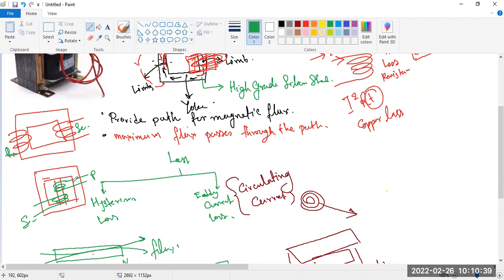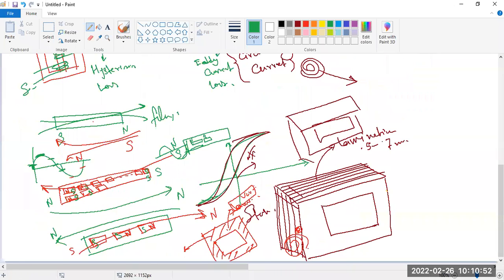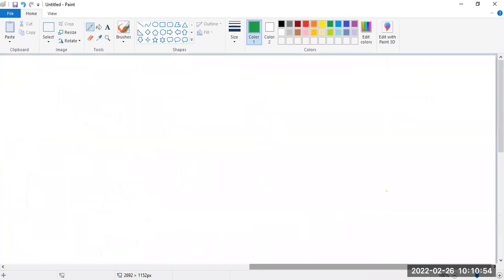Very small transformers are made in this pattern, and this is the core type transformer. Okay, these are the two general types, and now we are going to the mathematical expression of the EMF.